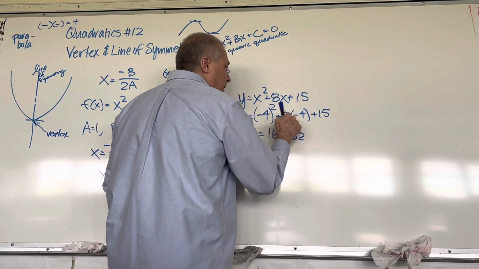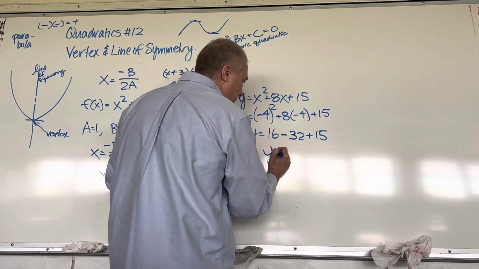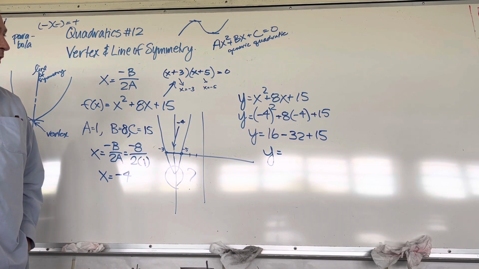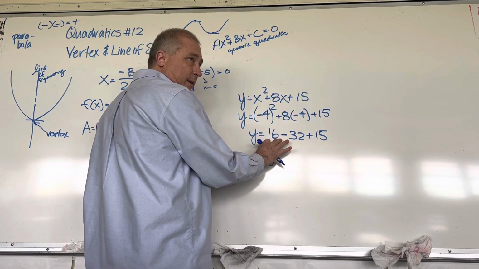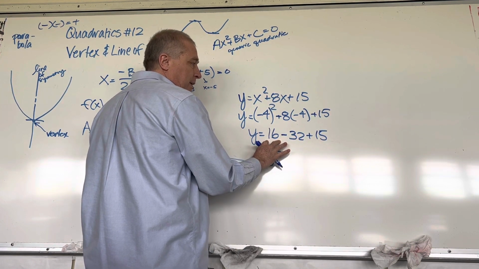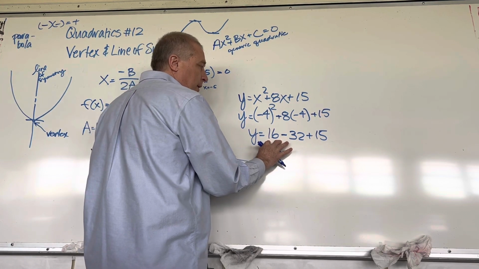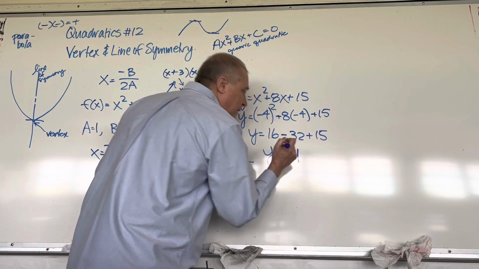Because this is a negative times a positive. And we have a plus 15 here. All right, can we do this math? Interestingly enough, this is positive and this is positive. And if we combine them, don't we get a positive 31? So a positive 31 minus a 32 is a negative 1.